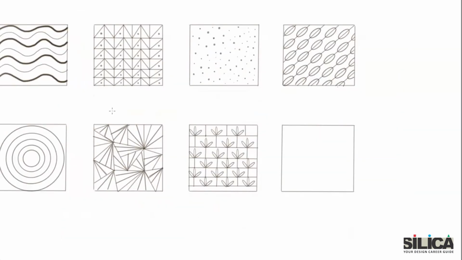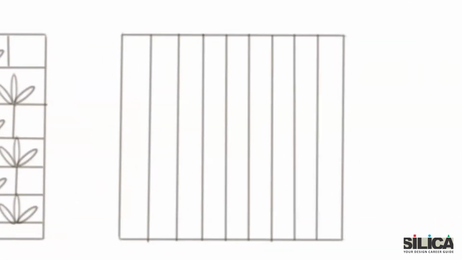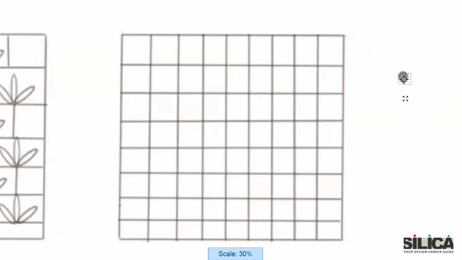And my last pattern is going to be very simple, using the dot and line elements. First, I've made the grid here using vertical and horizontal lines. I've used the shape dot in a brick style.